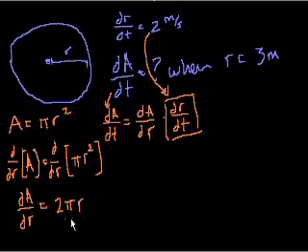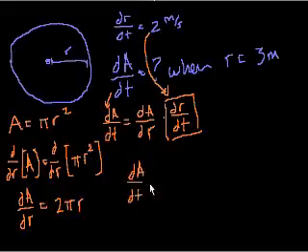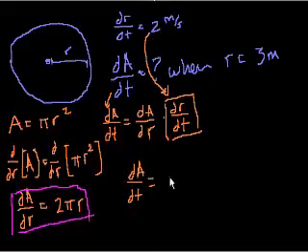So we figured out the rate at which A changes with respect to r. Going back to our original thing, the rate at which A changes with respect to t is equal to the rate at which A changes with respect to r, which is just 2 pi r, times the rate at which r is changing with respect to t.